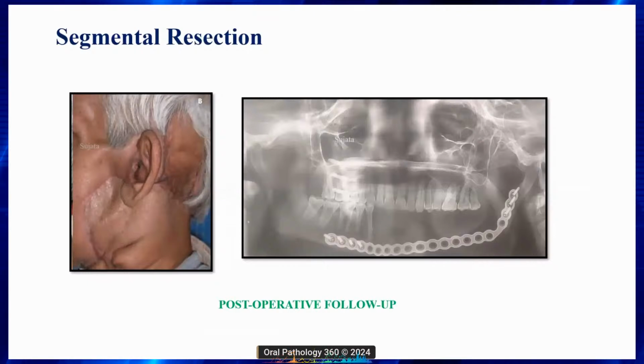So this was treated with segmental resection, and reconstruction was done with a reconstruction plate. The multiple sinuses in the skin were addressed by excision, and reconstruction was done with an occipital flap, showing very good healing.